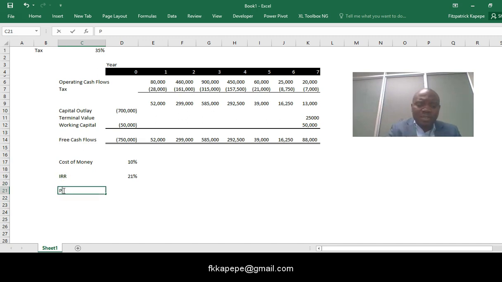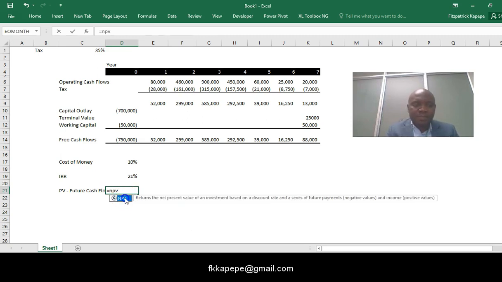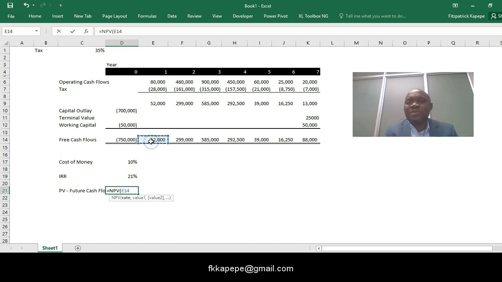Then we can look at the PV of future cash flows, which will be equals NPV. You start from a year of commercial operation, not during construction.